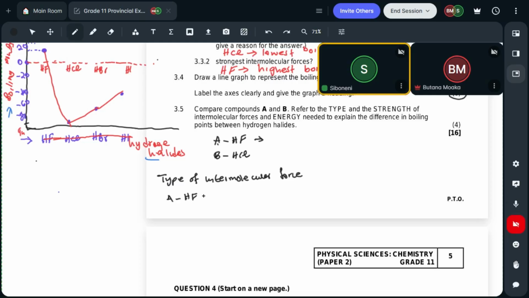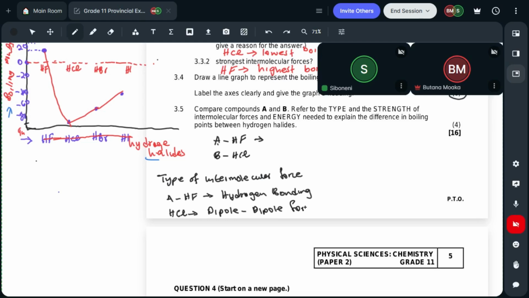Hydrogen bonding. Exactly. So this will be the hydrogen bonding. And then we can see that HCl will be dipole forces. So that is the type of the force.